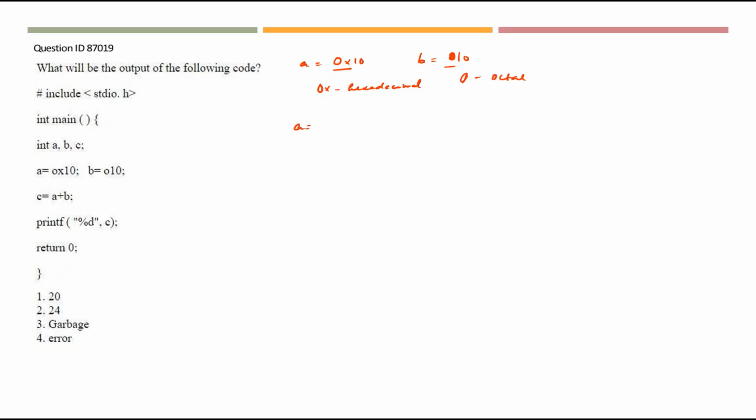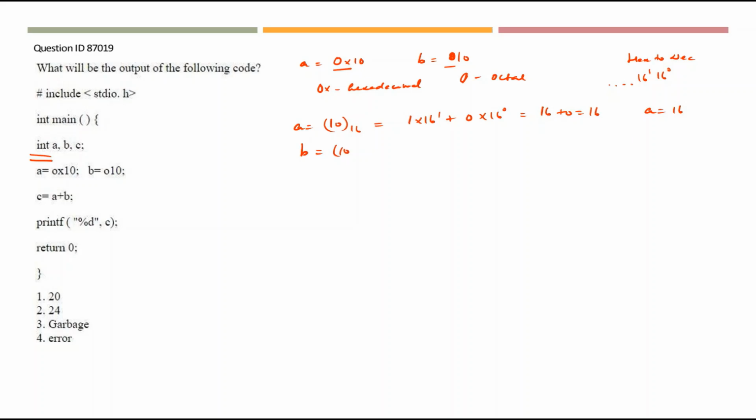Now A is equal to hexadecimal value. So how do you convert this to decimal? Hex to decimal will have powers of 16 power 0, then 16 power 1, etc. It goes like this. So 1 into 16 power 1 plus 0 into 16 power 0. 1 into 16 power 1 is 16 plus 0, which is equal to 16. A will hold the value of 16.